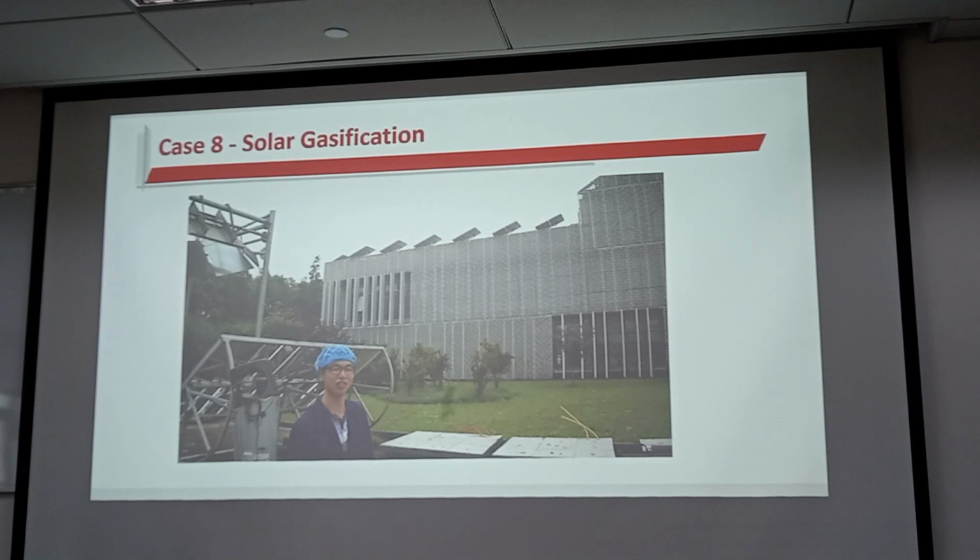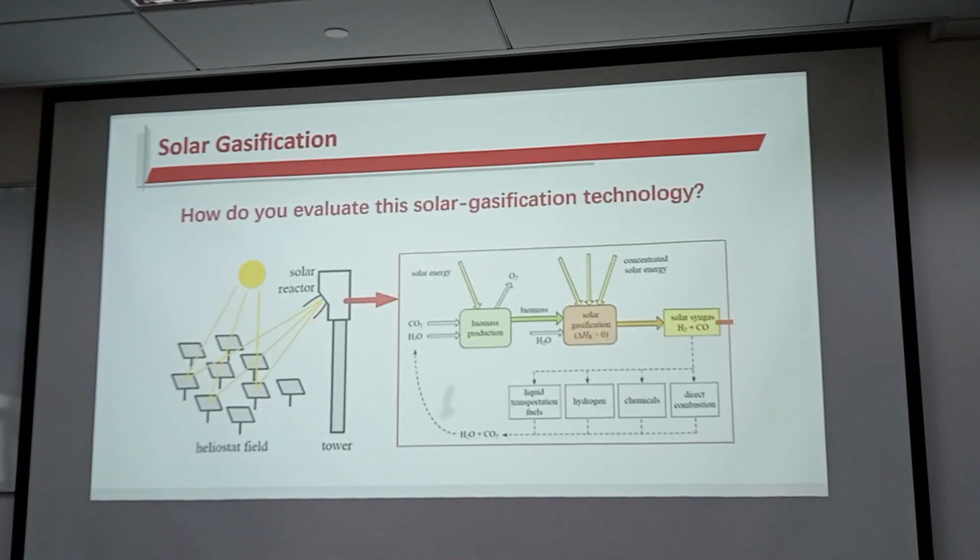Okay, now let's go back to this system. In this system, the researchers use a solar collector to concentrate the solar energy and use that to heat the gasification system. It's a very interesting idea.